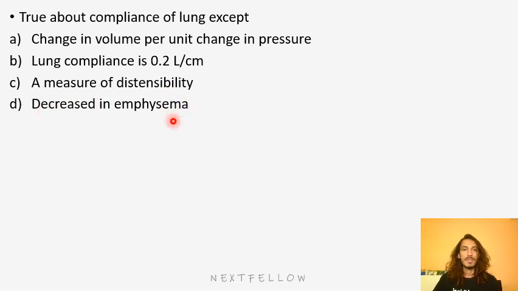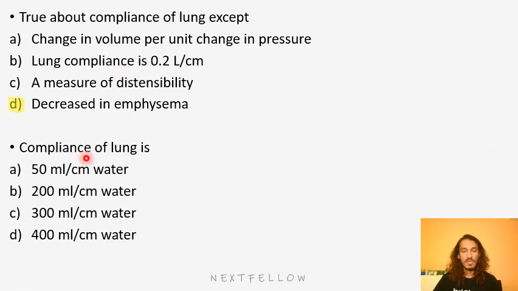Decrease in emphysema: you know that in emphysema there's air trapping, so generally the compliance is much higher. So over there it's not decreased in compliance, it's actually increased. So the answer over here will be that. Just remember this because I've seen it in a few questions.